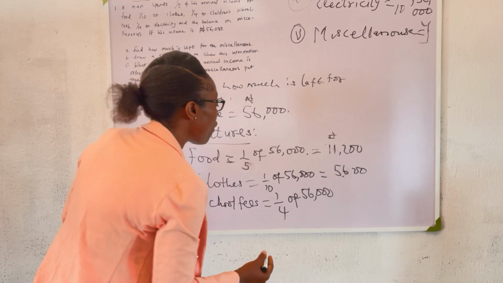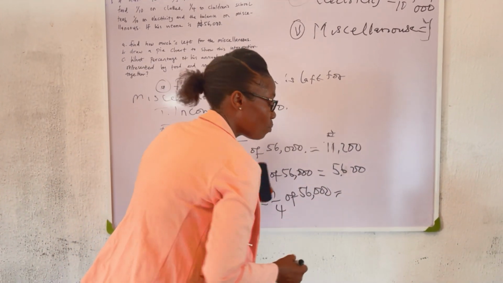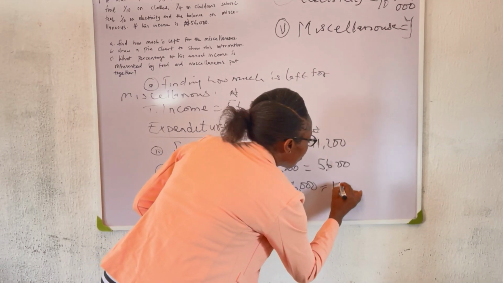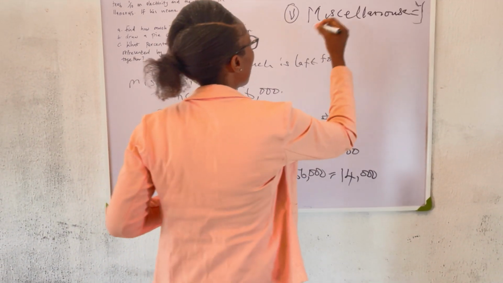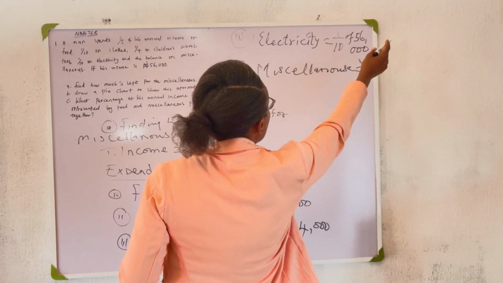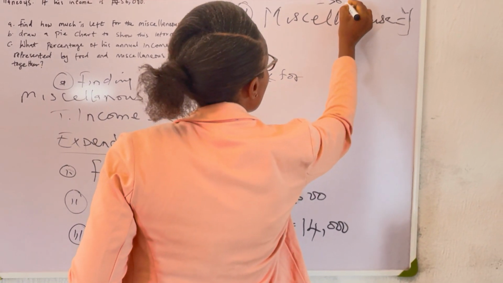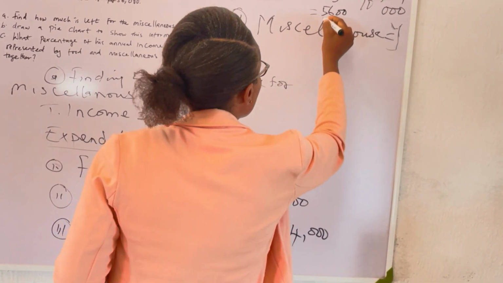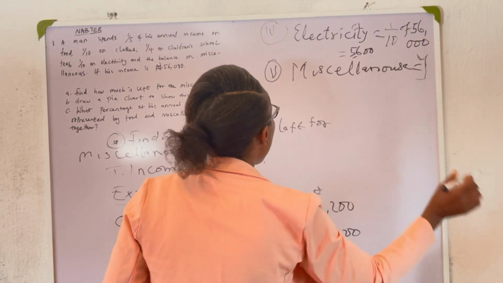Now, 1/4 of 56,000 naira is 14,000. Electricity, 1/10 of 56,000 naira is still 5,600.